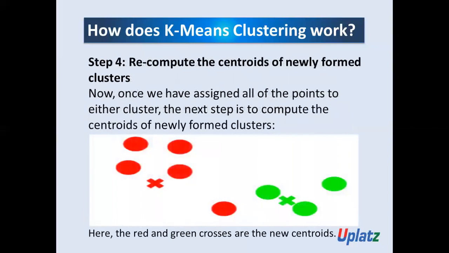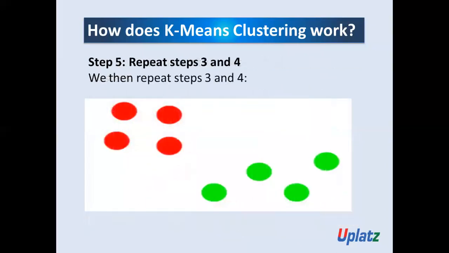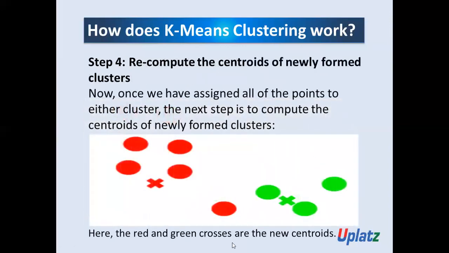So after the fourth step, what does the fifth step say? The fifth step is to repeat steps 3 and 4 again. Once we repeat steps 3 and 4, what are these crosses? The red and green crosses are the new centroids. Again, we need to calculate which points are closest to this centroid.